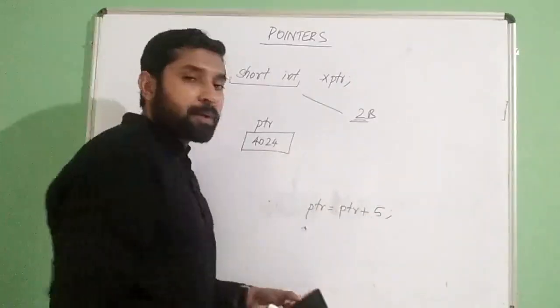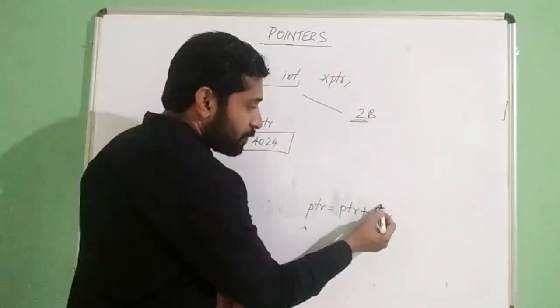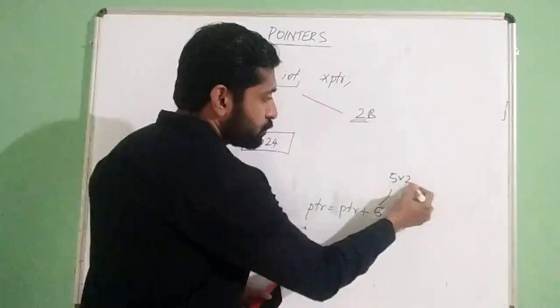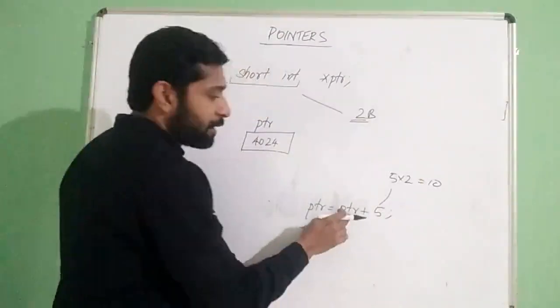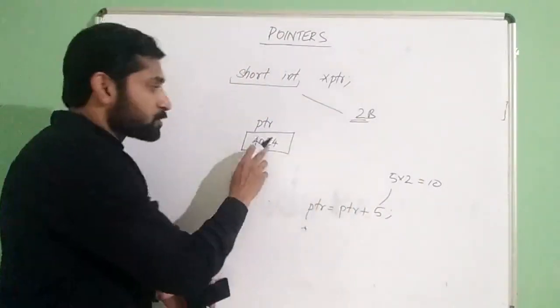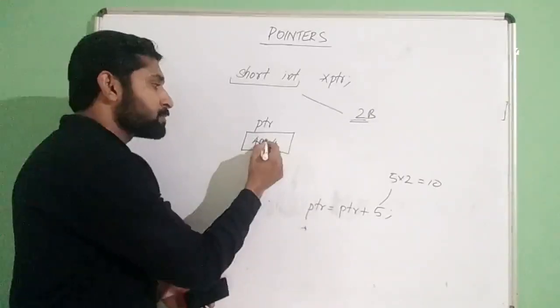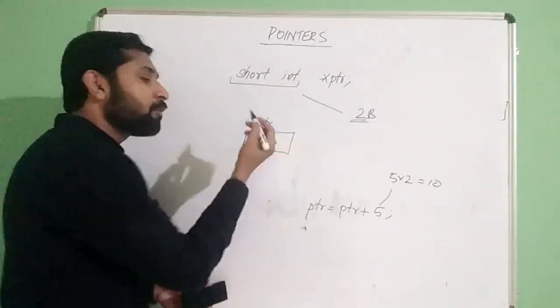What happens? 5 into 2, that is equal to 10, will be added to the current PTR. So 4024 becomes 4034.